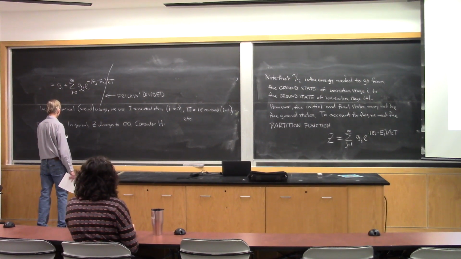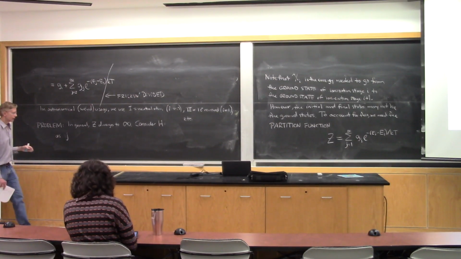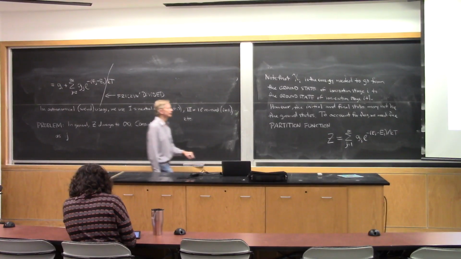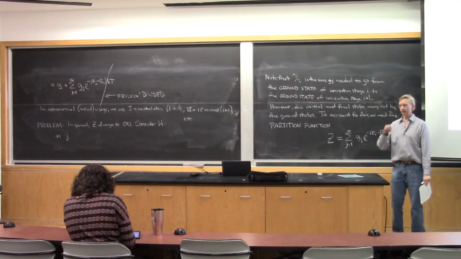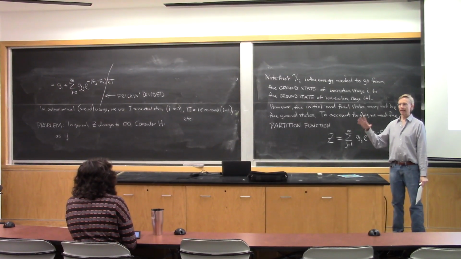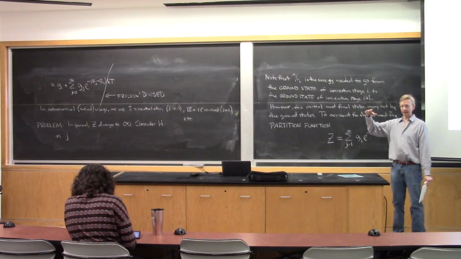I have it as J in my notes. So I'm using J here to generically represent energy levels in what could be multi-electron atoms. In that case, we can't just use a simple number N for a single electron to represent what energy level it's in.